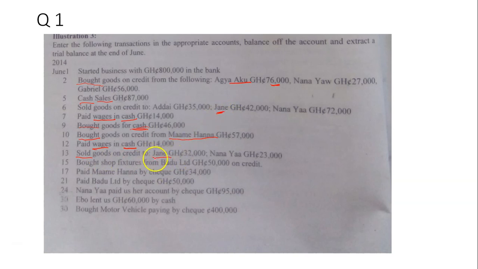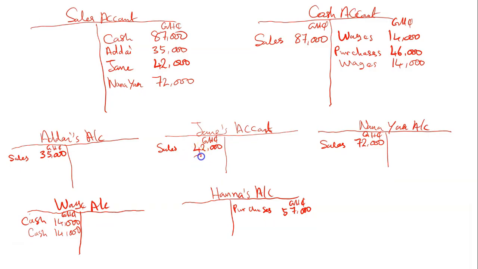Jane's account will increase by 32,000 because you are selling to Jane. So we debit Jane's account 32,000 in the name of sales. Then we go to sales account and credit sales account in the name of Jane. That is 32,000 Ghana cedis.